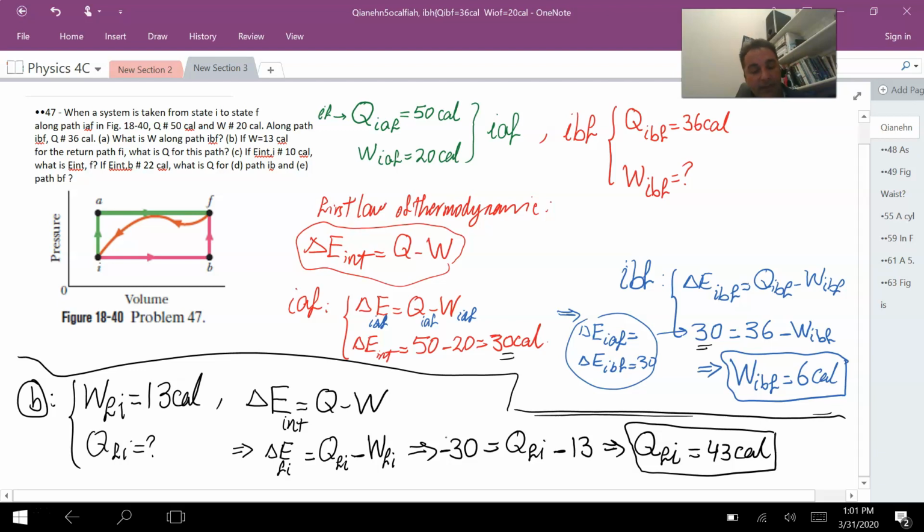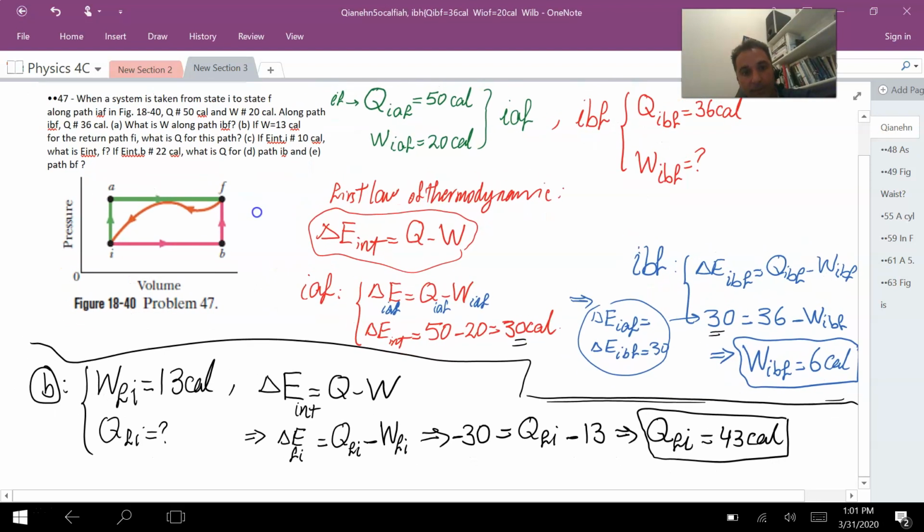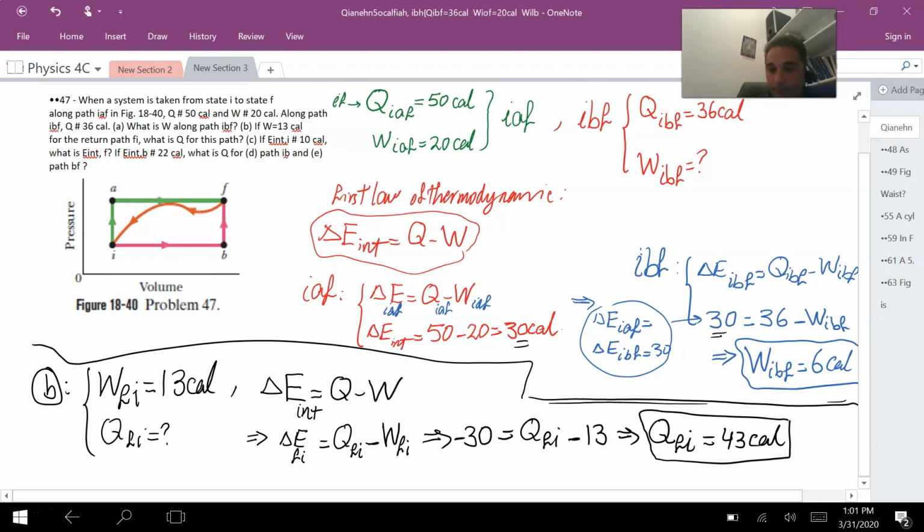So this coughing is because I drank coffee a couple of minutes ago. Okay, so QFI is 43 calories now. Work done. Q is delta E. Let me see. QFI is unknown, right?